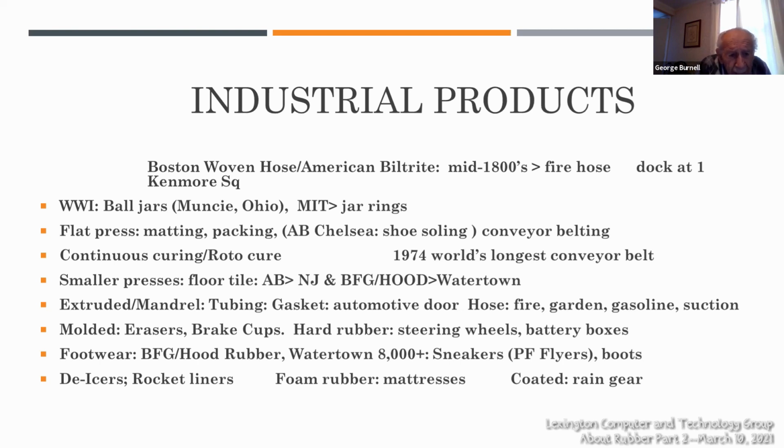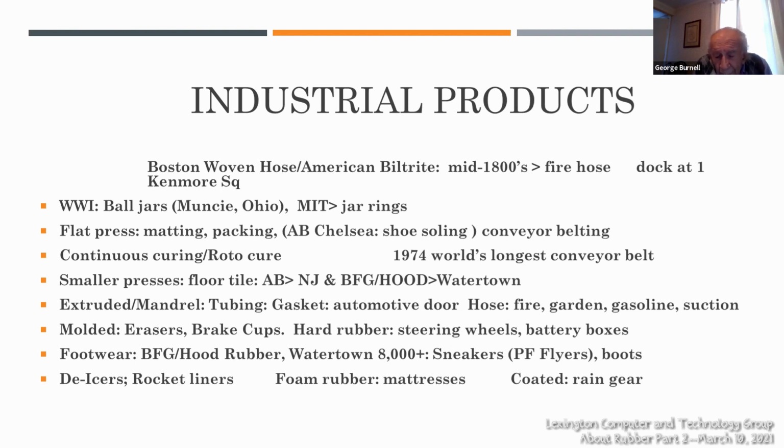So all kinds of things are made in small presses. There's the extruded with tubing, things like gaskets. The door seal, for example, on your automobile is an extrusion. That's made by just extruding something round and curing it in the shape that it comes out. There's no molding.